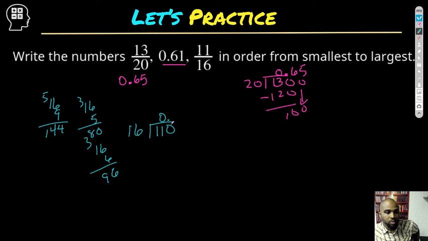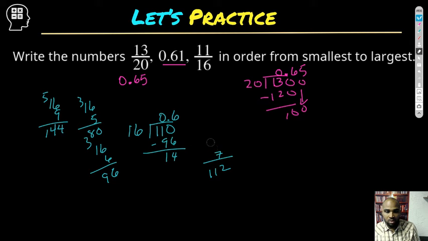That's probably as close as we're going to get to 110 without going over. 16 times 7 is not going to work; it's a little bit over. So the highest we can go is a 6. 6 times 16 is 96, and I'm guessing this is going to be a difference of 14.